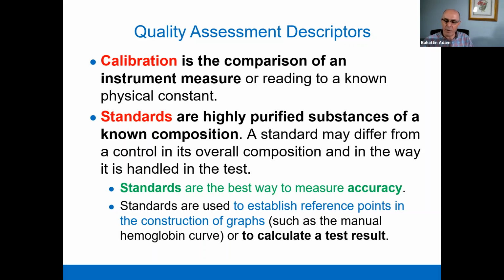Okay, now I am going to talk about the standards. Standards are highly purified substances of a known composition. We are using standards to measure the level of unknown tests. Now I am going to show you here.